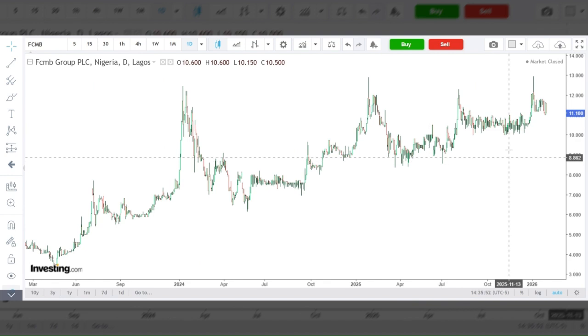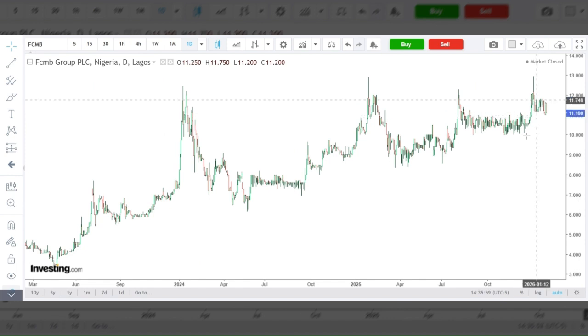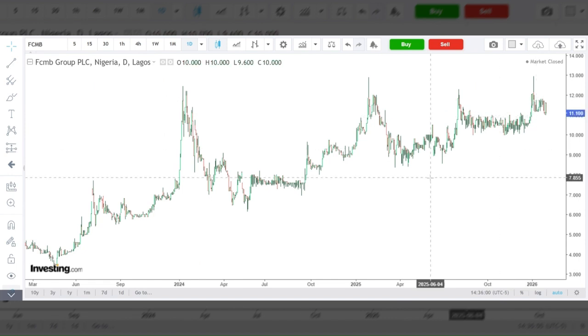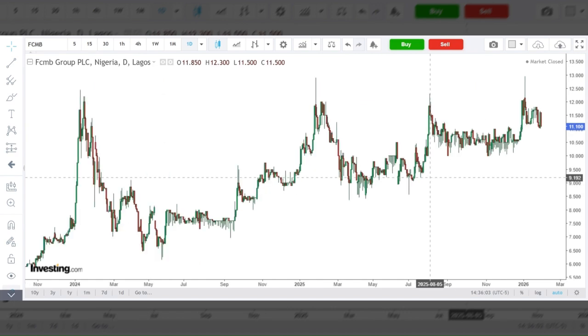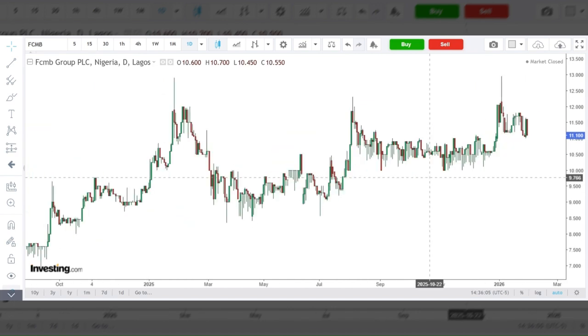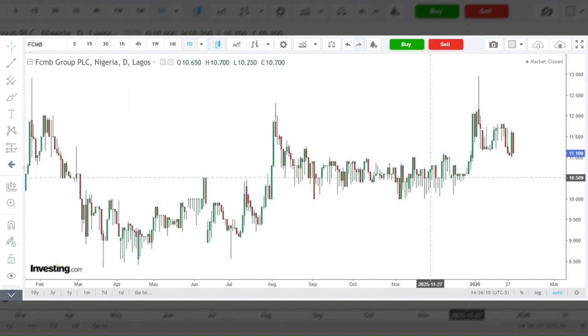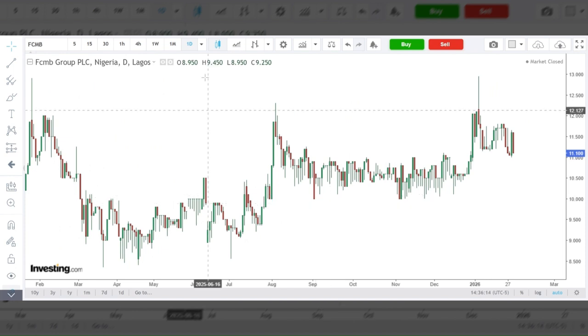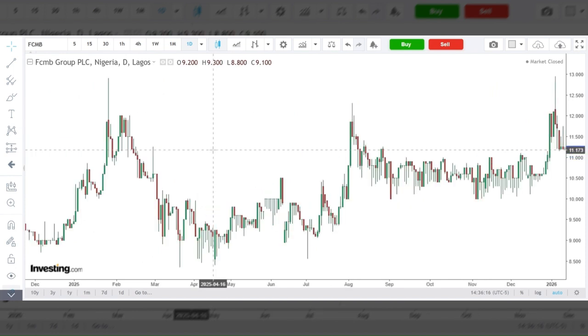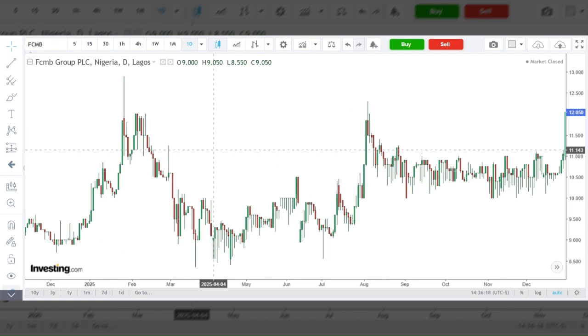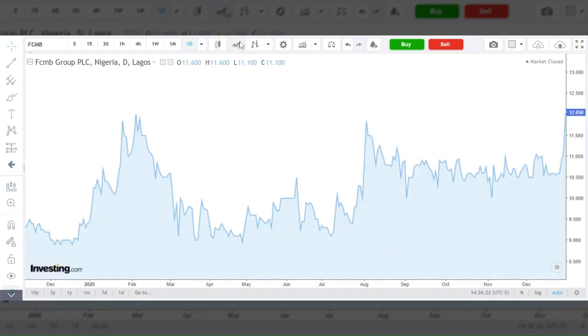Okay, so let's see. I've said this area now is the side trending area. So first of all, let's zoom this back out and look at how the stock looks. All right. Now after that, I understand how the stock looks. What I will now do is convert this to a line.